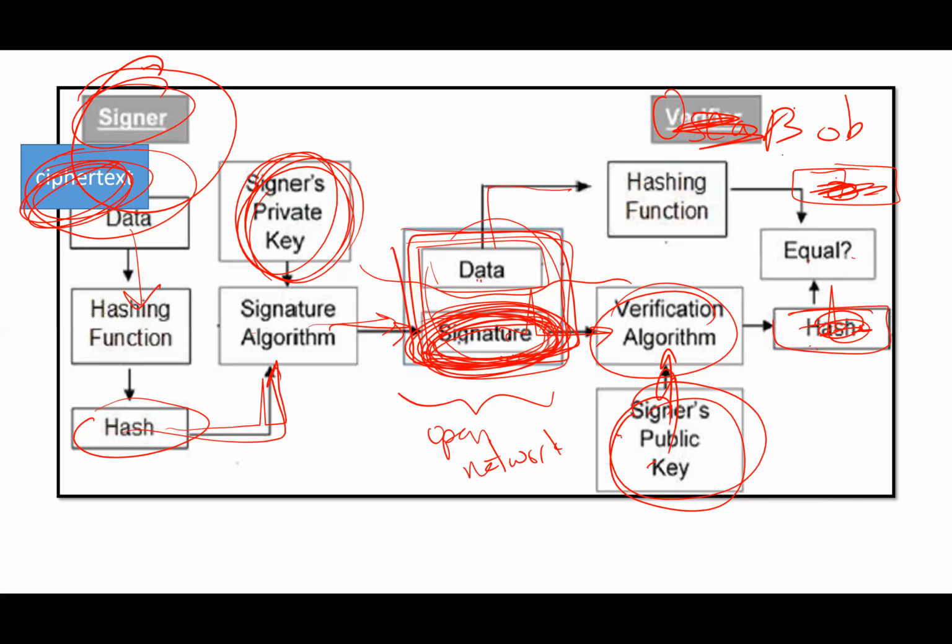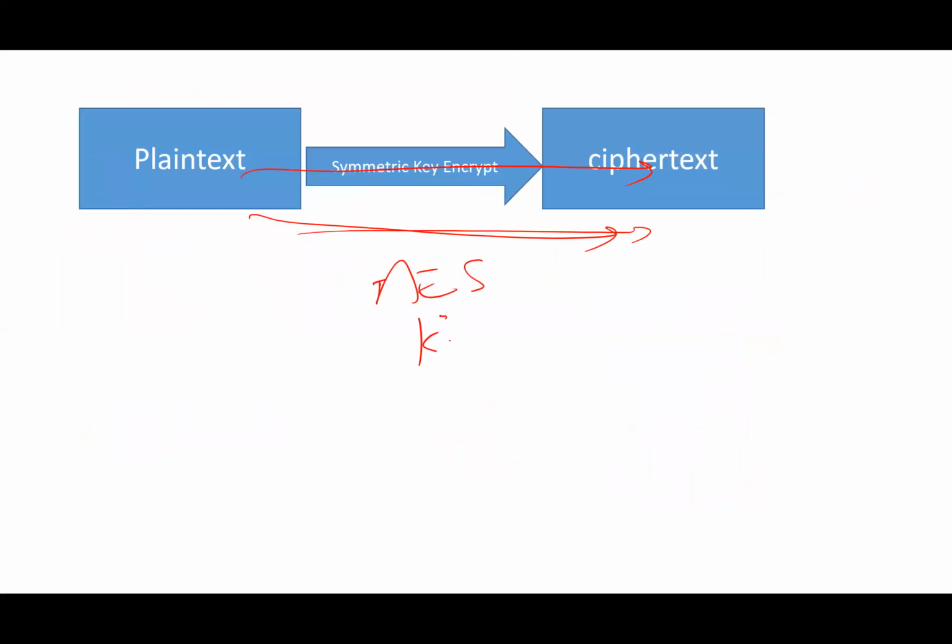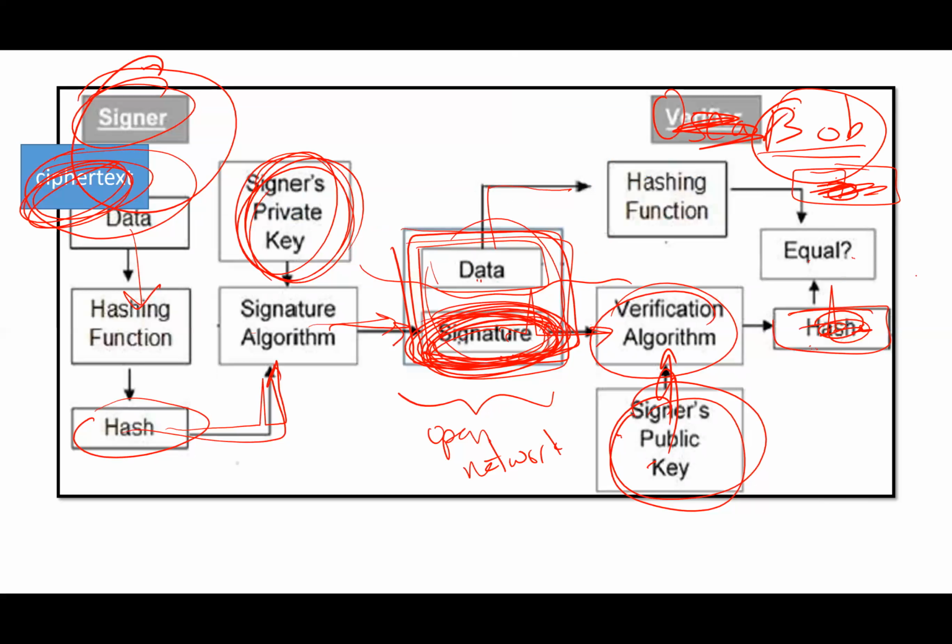So now what Bob has accomplished is that he received some data and he knows it came from Alice, okay? But now Bob needs the key to whatever this AES was to decrypt the file, okay? And I'm not worrying about it.